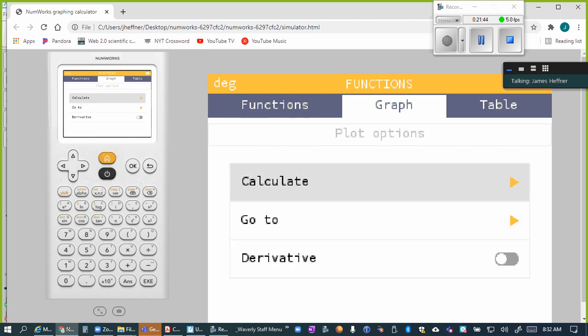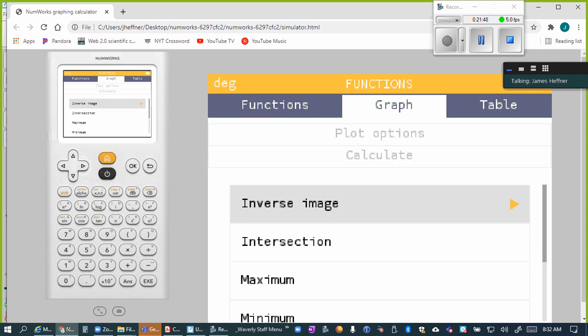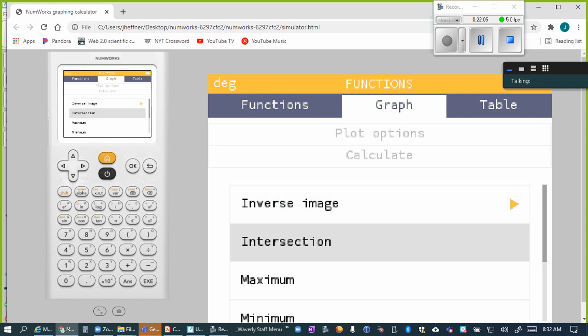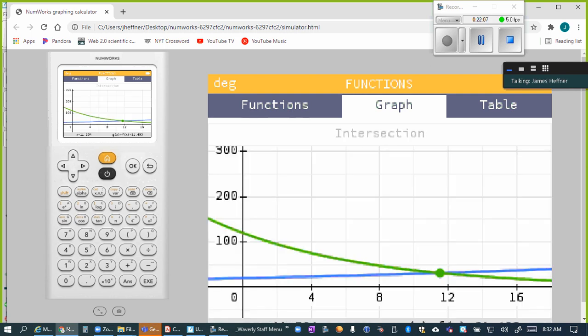And now I want to calculate something, right? So I'm going to hit the right arrow. Does anybody see something there that's going to be what we're looking for? Because we want to find out where the two models are equal. Intersection. So let's arrow down to intersection and hit OK.